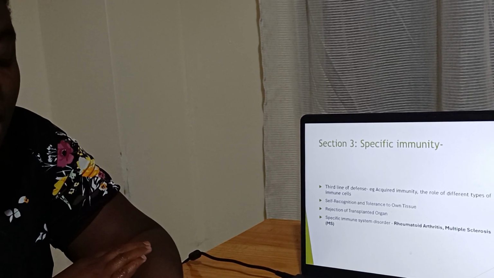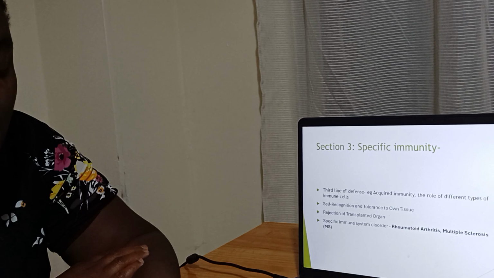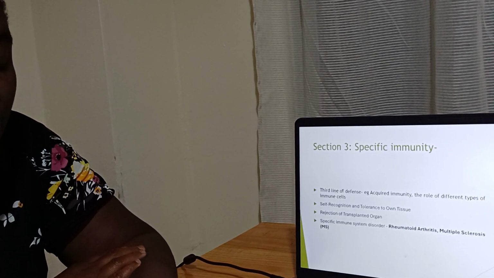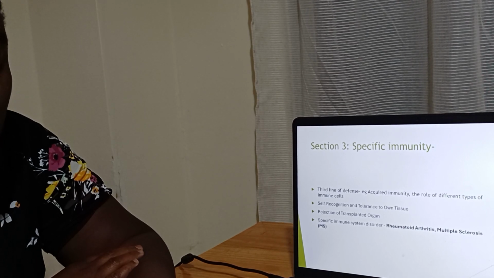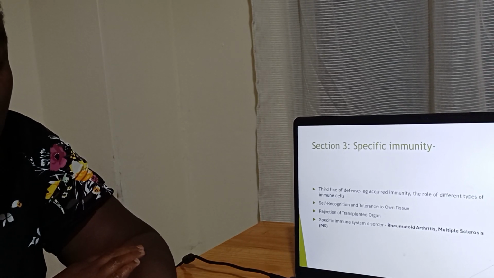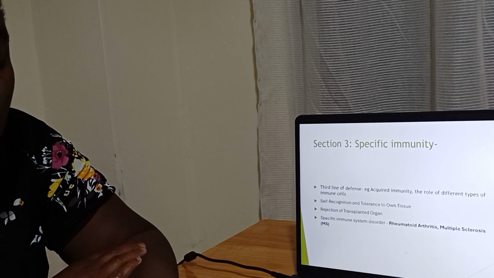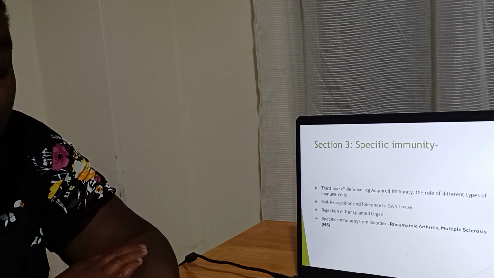Each person has a unique set of MHC molecules, which is why the immune system can distinguish between self and non-self. When self-tolerance fails, it can lead to autoimmune disease, in which the immune system mistakenly attacks the body's own tissue.